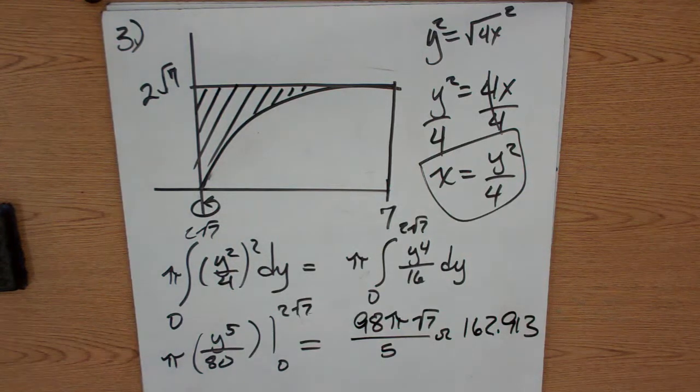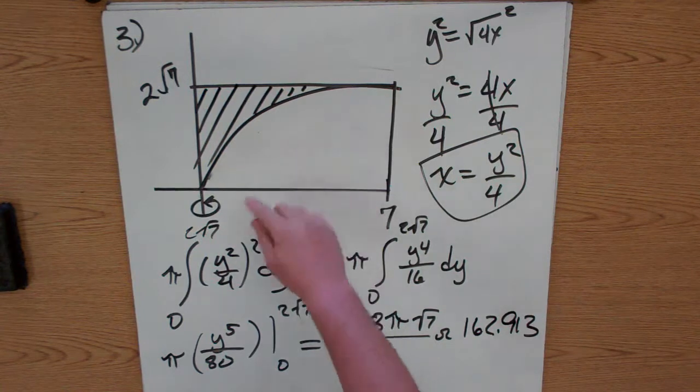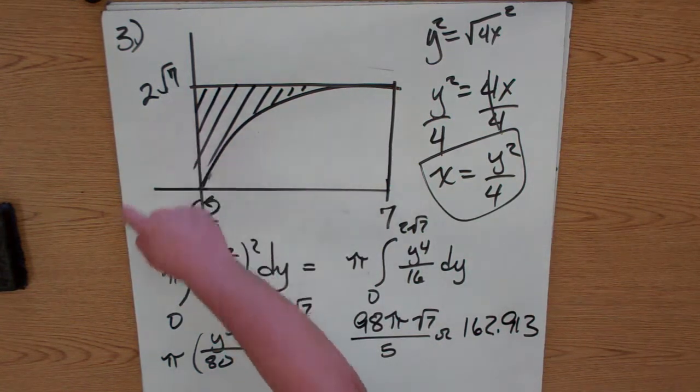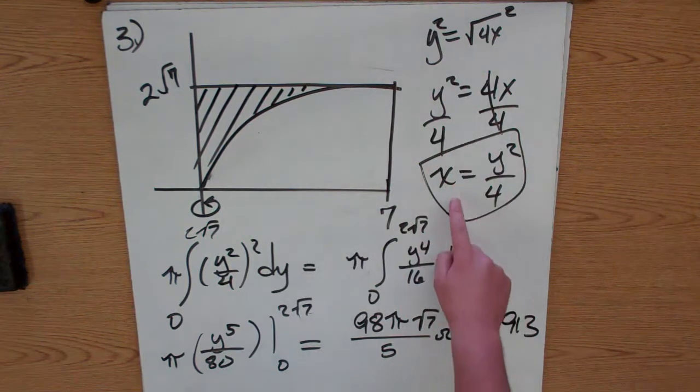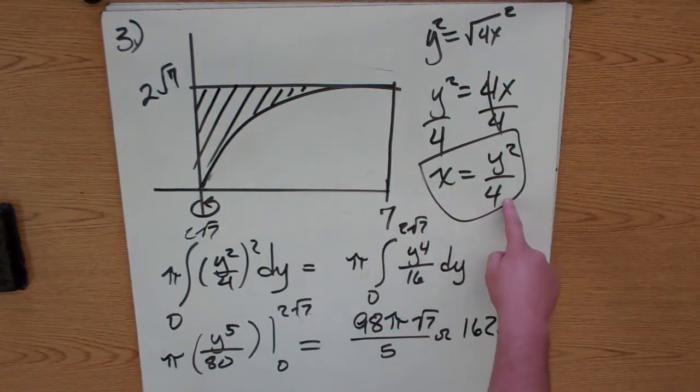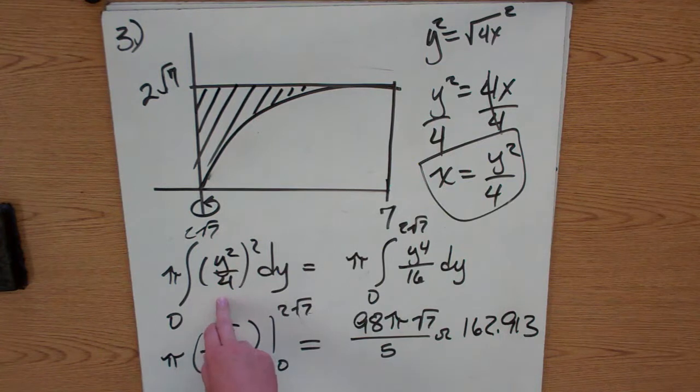Alright, so there's number 3. We're revolving around the y-axis, and we're going from 0 to 2 square root of 7. So you solve your function for x. x equals y squared over 4. You plug that in and square it. And then from there you just find your antiderivative and substitute in.